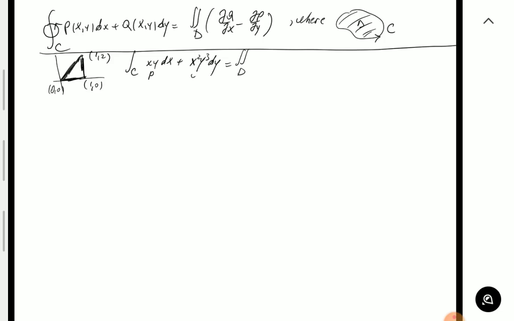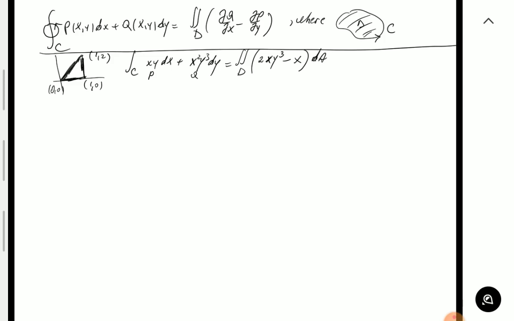Once again, this is P and this is Q. The double integral of the partial derivative of Q with respect to x, which is 2xy cubed, minus the derivative of P with respect to y, which is just x, right? So x times 1 dA.